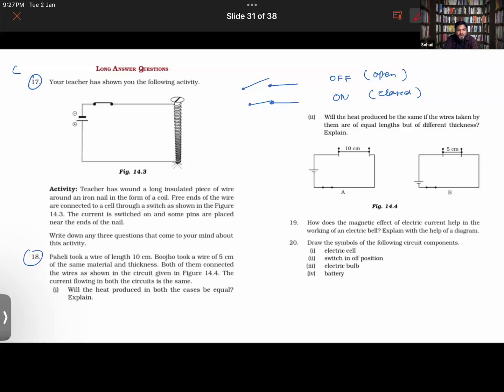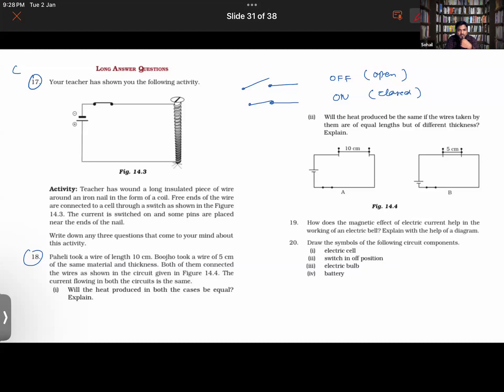Will it attract more pins? Also think of some other questions. I have one question: what if the wire of the coil is thicker? What happens?